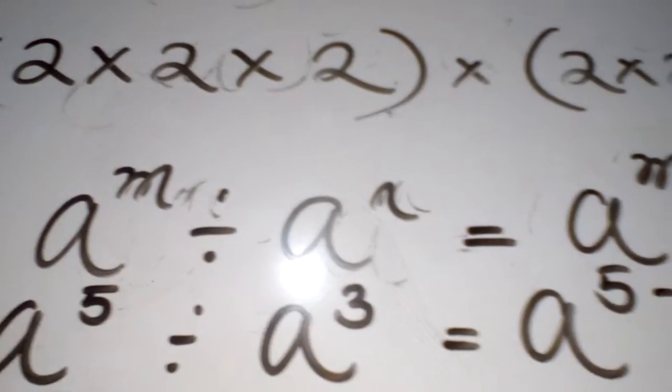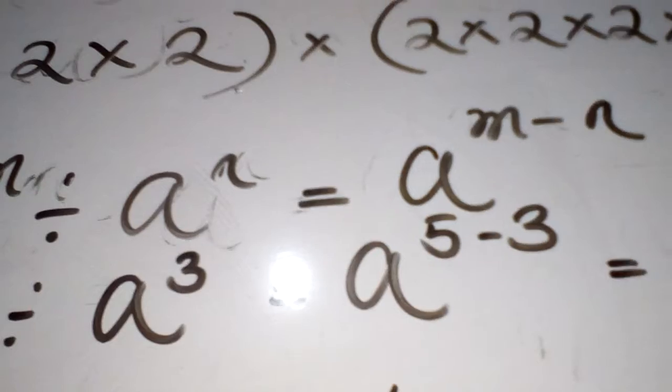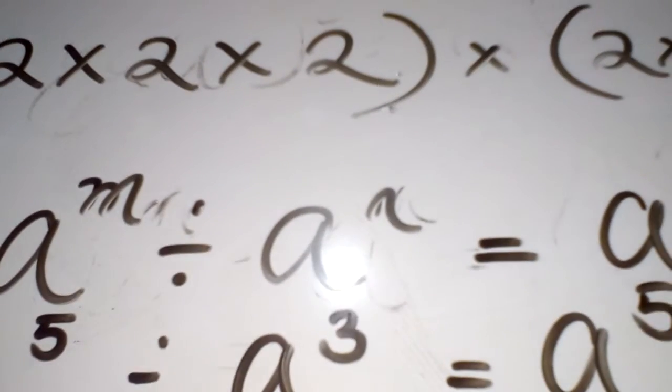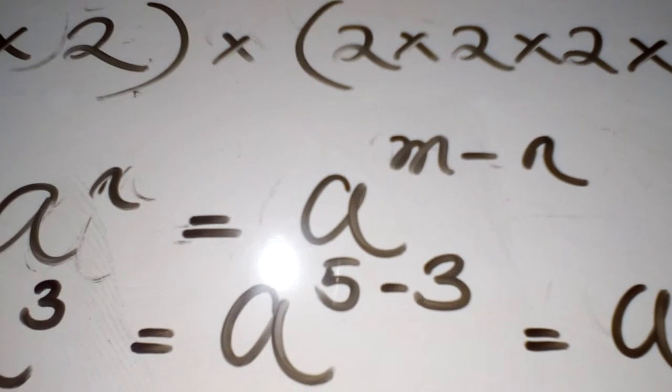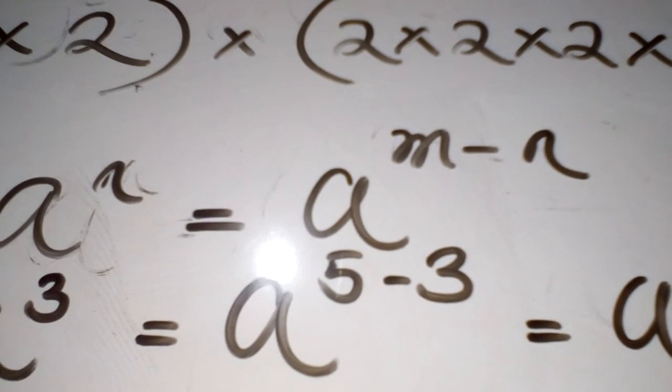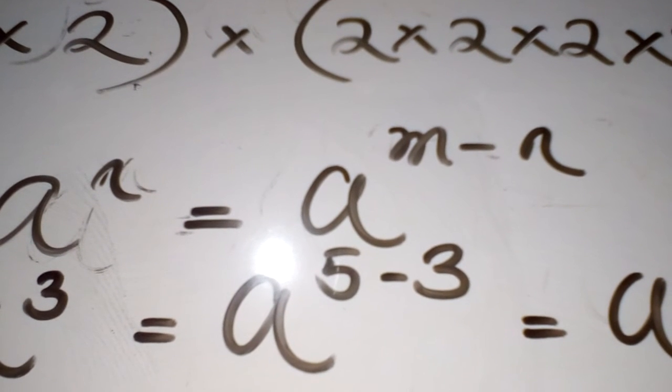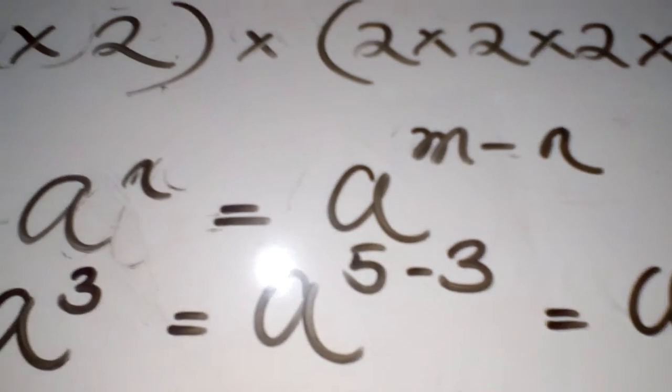In this instance, the first index is m, the second index is n. So if I'm dividing a to the power m by a to the power n, I'll simply subtract n from m as the index of the base a.